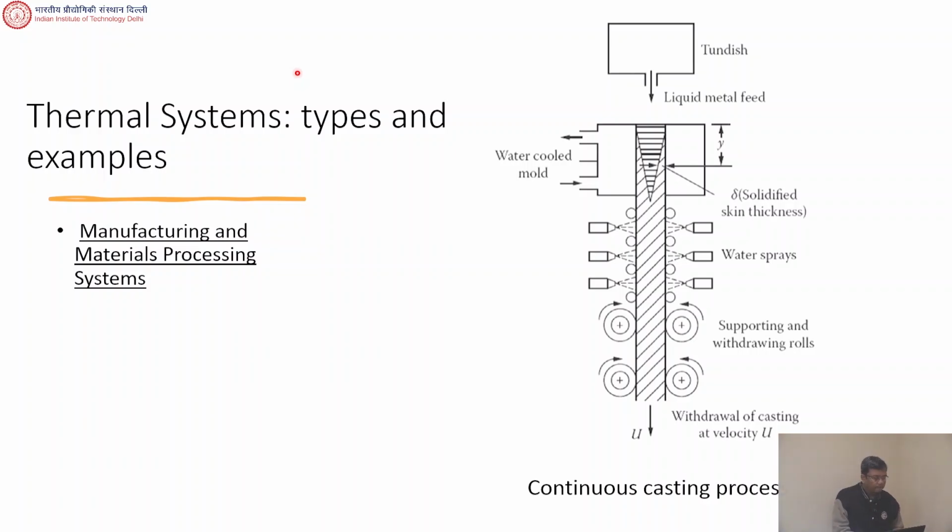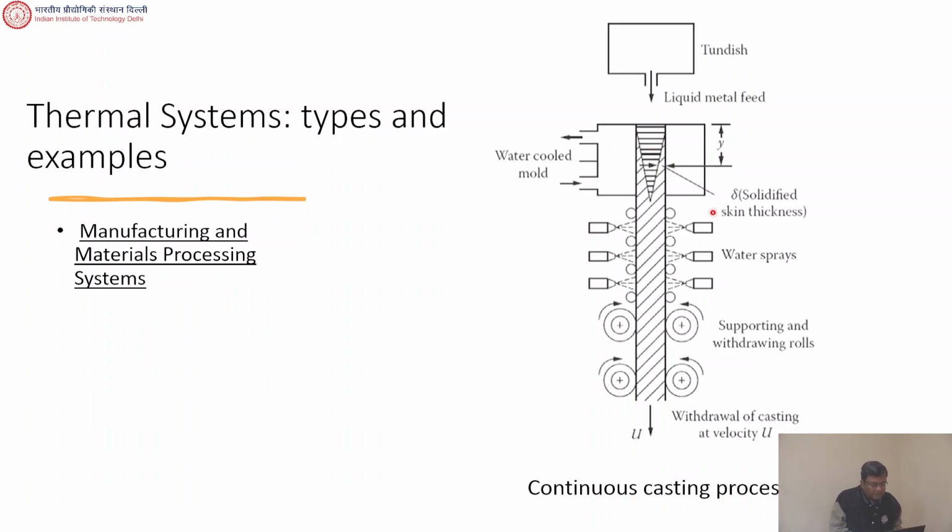Now this is a continuous casting process. You have liquid metal which goes into this mold, which is water cooled, and there will be solidification, right? We have seen solidification in a mold previously, but this is a continuous casting process. As it moves, there are some water sprays. You can see that this shading is for the solid, and these horizontal lines are the molten liquid.